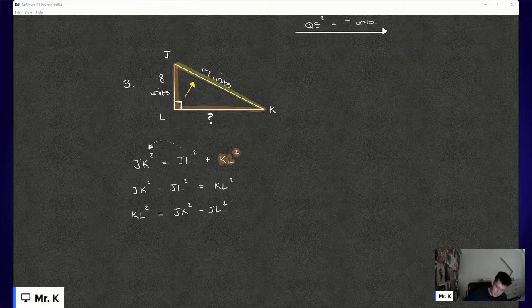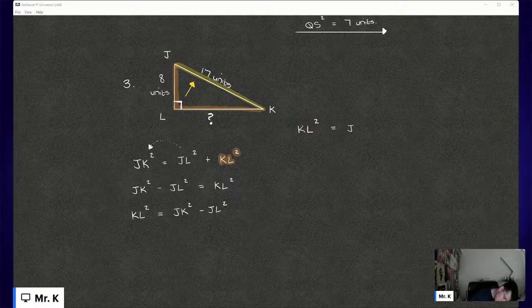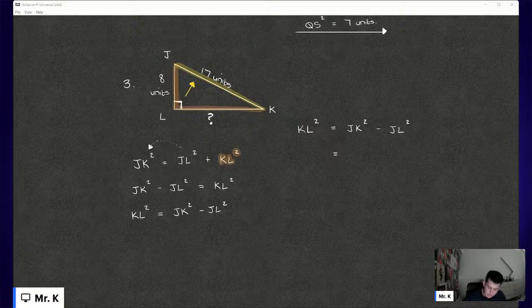We now have the formula that we want to use to find the length of the missing side. So let's apply it. KL squared is equal to JK squared minus JL squared. So we are looking for KL.